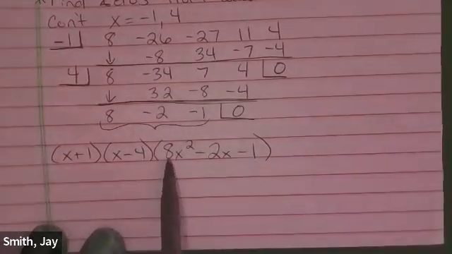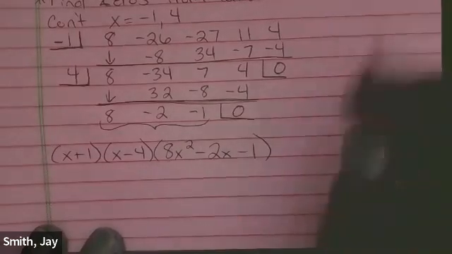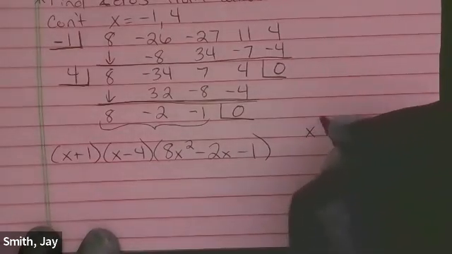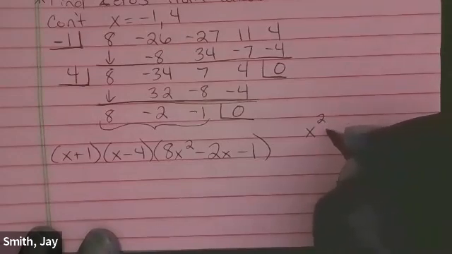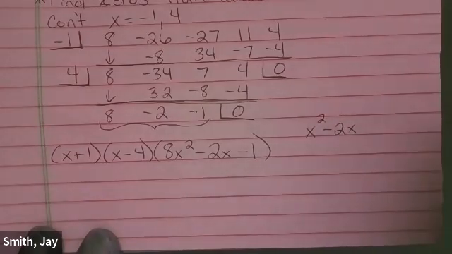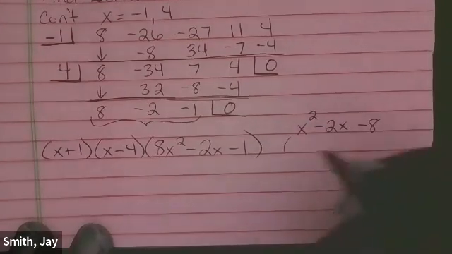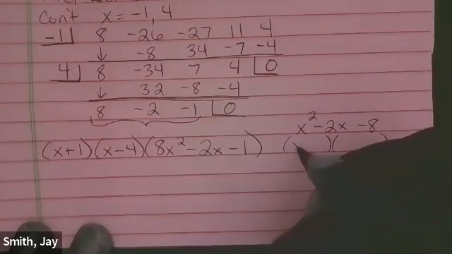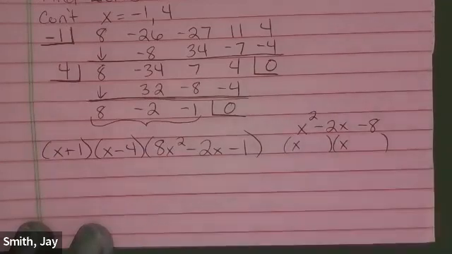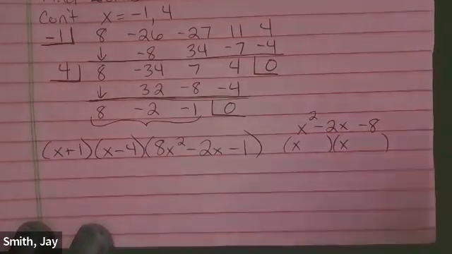Remember, if we're factoring a trinomial with a leading coefficient of something other than 1, we can use the AC method. We'll multiply our 8 and our 1, the first and our last, and rewrite it as a problem that we're used to factoring. So in this case, it would be x squared minus 2x minus 8. We can factor that, keeping in mind, first we multiply by 8. So once we get our answers, we need to go back and divide by 8. So we're looking for two numbers that multiply to give me negative 8 that we can combine to get negative 2.